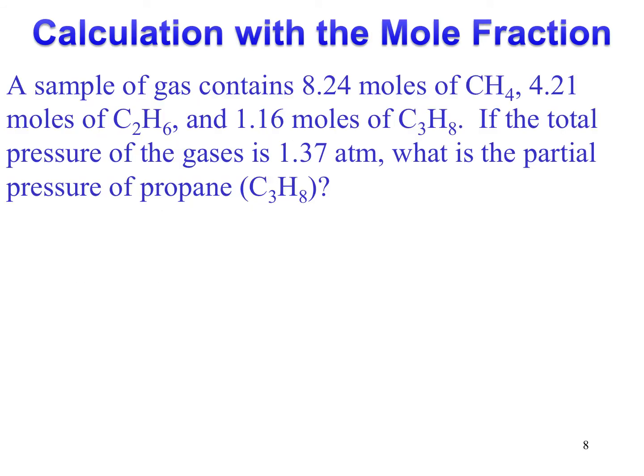Calculation with mole fraction. A sample of gas contains 8.24 moles of methane, CH4, 4.21 moles of ethane, C2H6, and 1.16 moles of propane, C3H8. If the total pressure of the gases is 1.37 atmospheres, what is the partial pressure of propane, C3H8?